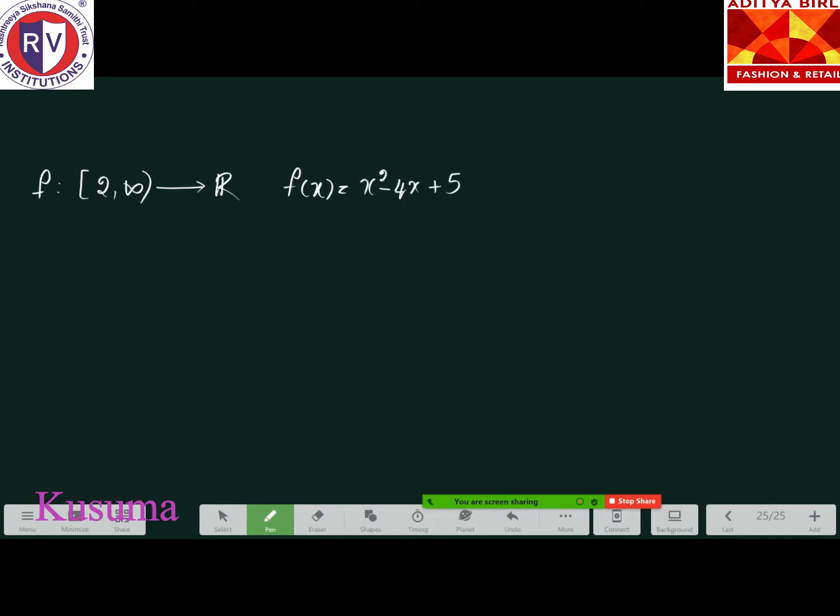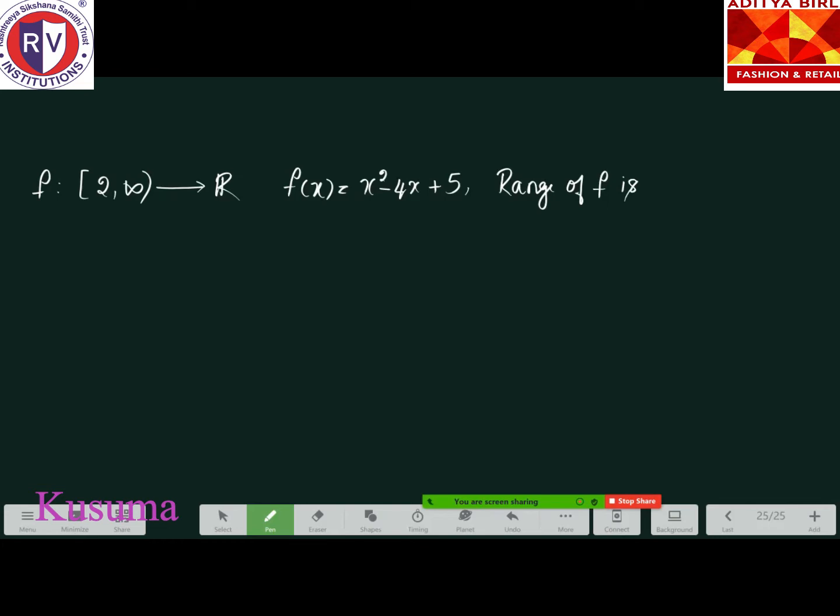So the definition of function is given to be x square minus 4x plus 5. Then the range of f is, we have to find out the range of f.